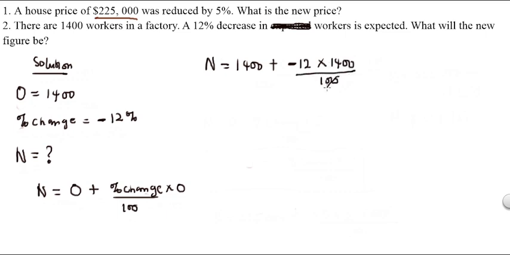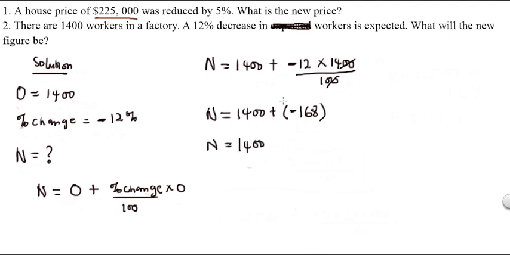Now I can cancel out these 2 zeros with 2 zeros here. So the new value is 1,400 plus, there's a negative sign here, remember. So we have minus 12 times 14. Minus 12 times 14 here is minus 168. So if I add up, the new value is equal to 1,400.